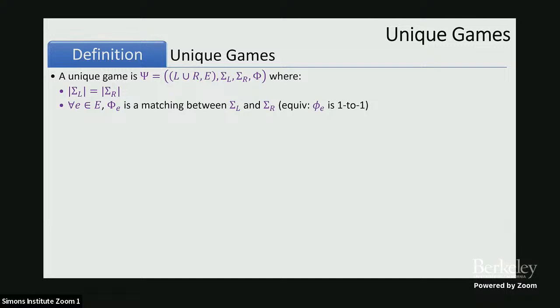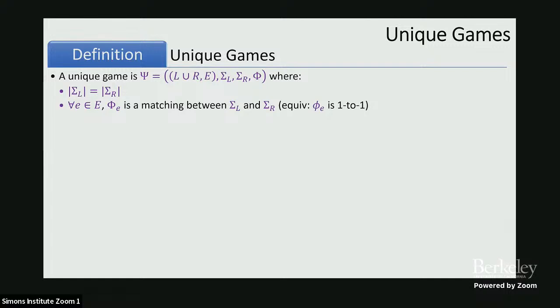And secondly, for each edge, this constraint between the alphabets is just a matching. It's the simplest possible type of constraint you can think of. Or equivalently, if you remember, we said that each constraint is defined by some map. So matching just says that that map is a one-to-one map.